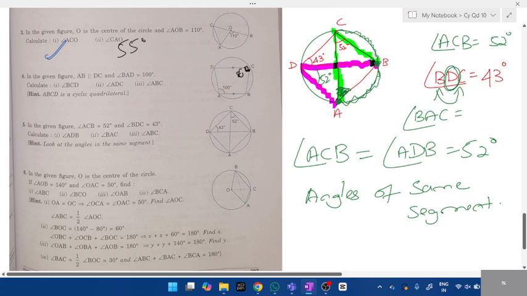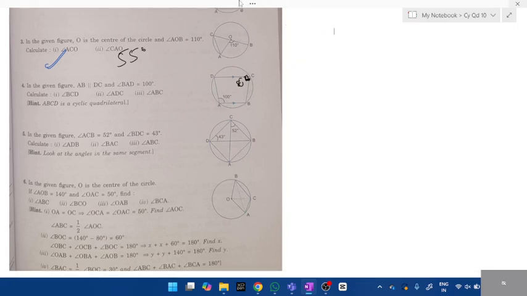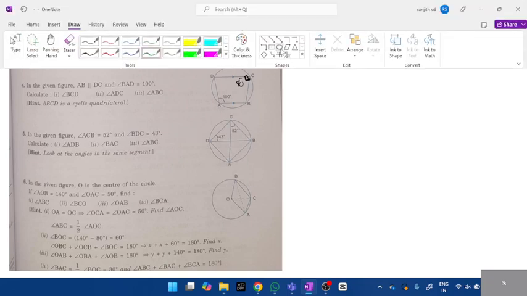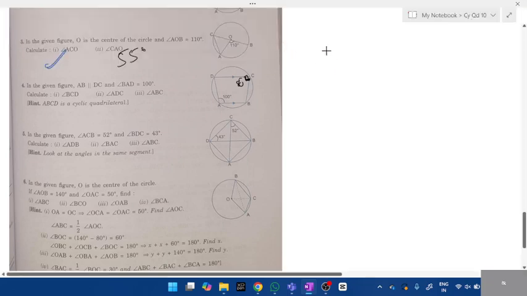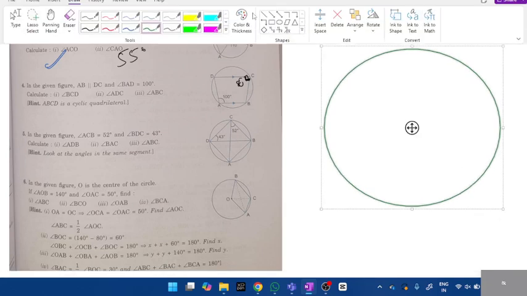Yes, Tanishka. So I'm getting confused. Okay, I'll teach again.